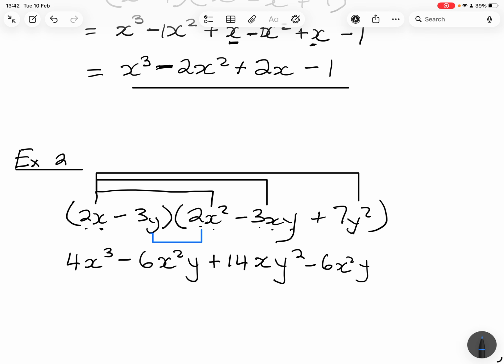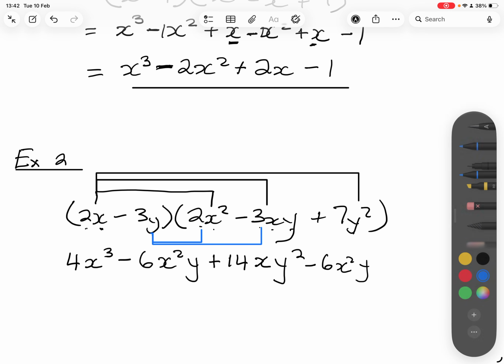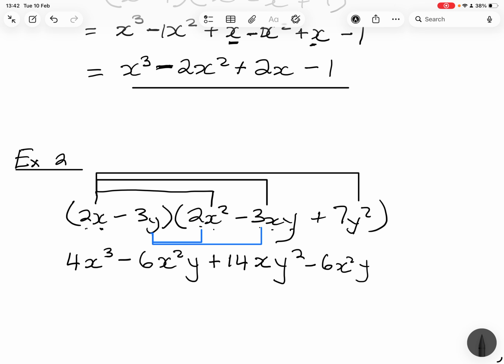Negative 3y multiplied by negative 3xy. And what does that give us? So that will give us a positive 9xy squared. And the last one, we've got negative 3y, the last term of our binomial, with the last term of our trinomial.